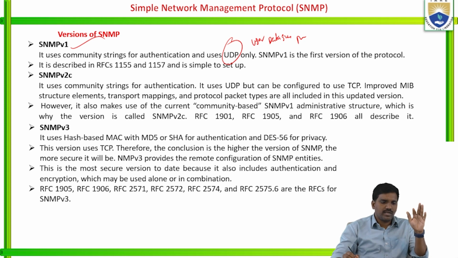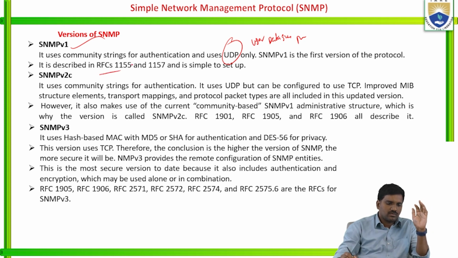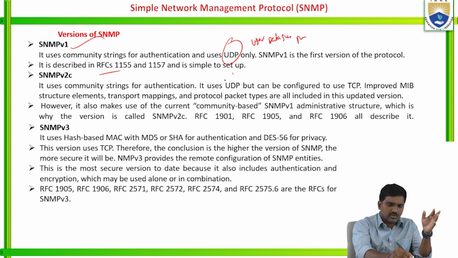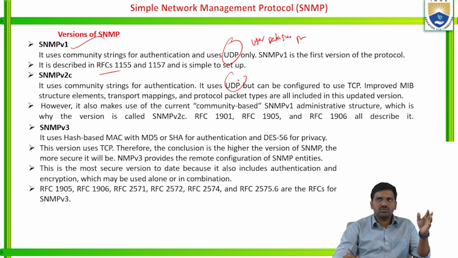It is described by RFC 1155 and 1157, and is simple to set up. That is for V1. There is not much information about that. Next, V2C uses community strings for authentication. It uses the same UDP, but can be configured to use transmission control protocol.